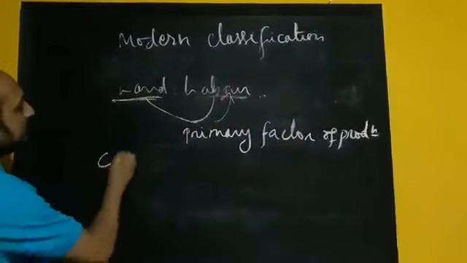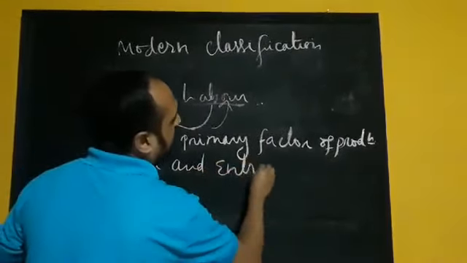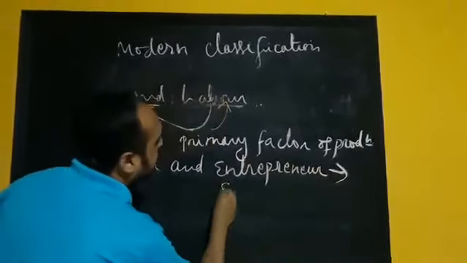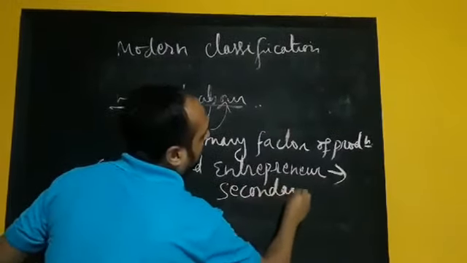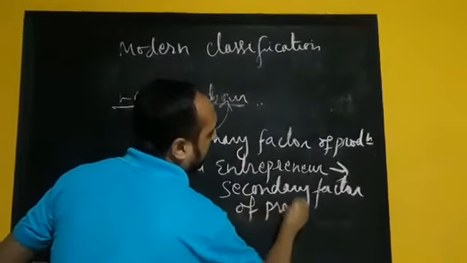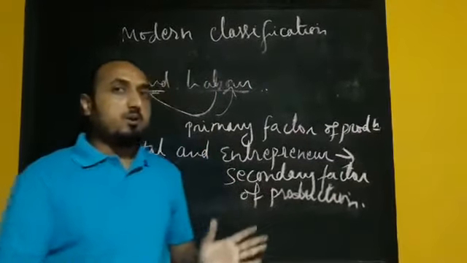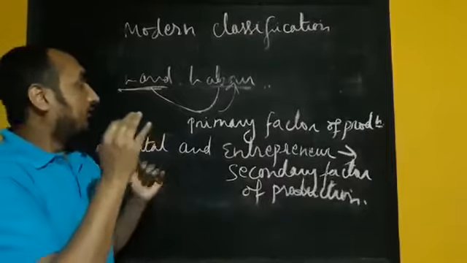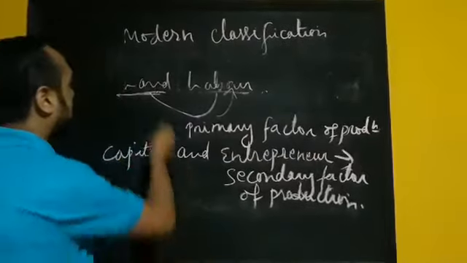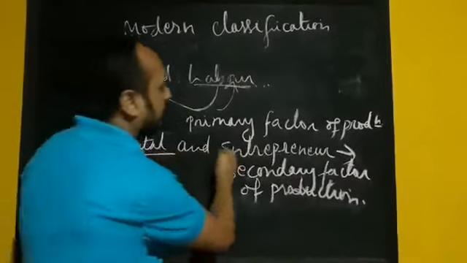Capital and entrepreneur are called secondary factors of production. Again, the modern economists have classified these factors of production in two parts. Number one, we have primary factors of production that include land and labor, and the secondary factors of production include capital and entrepreneur.